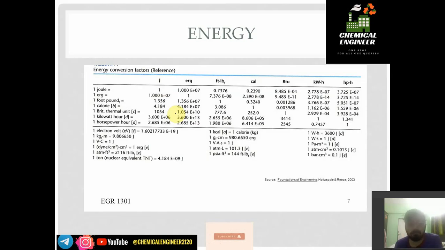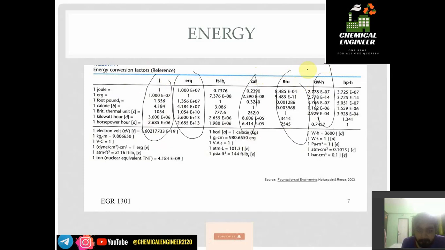Now the main focus while we do energy balance is joule, erg, calorie, BTU and kilowatt hour. You should remember these values. 1 joule equals 10 raised to 7 ergs, 0.239 or 0.24 calories, and 2.78 into 10 raised to minus 7 kilowatt hour.